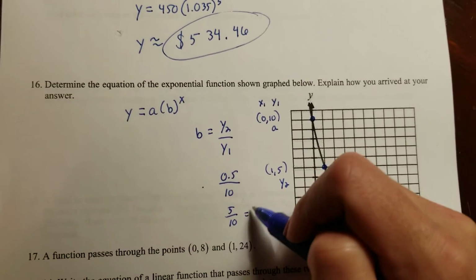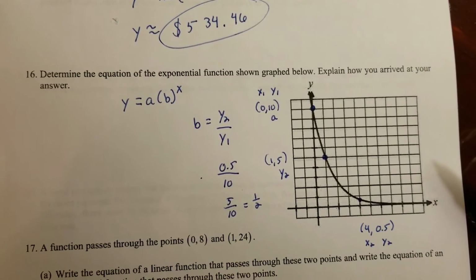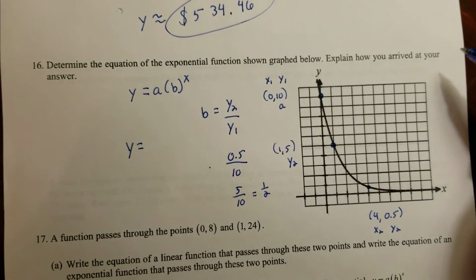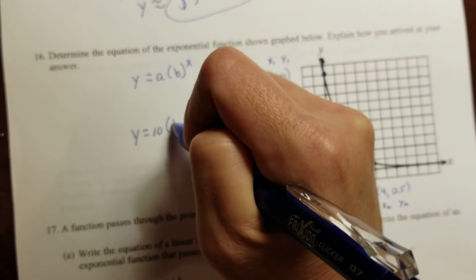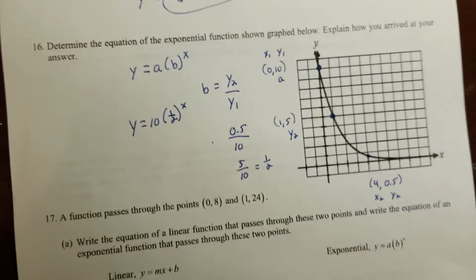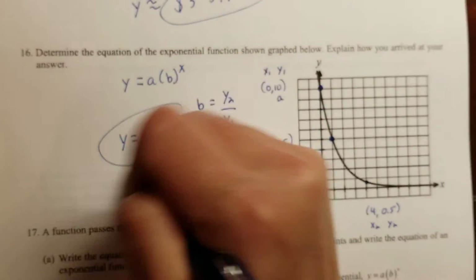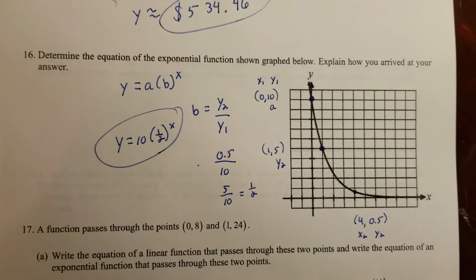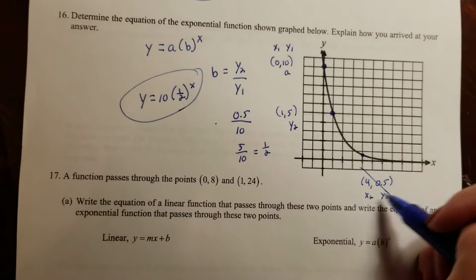And 5/10 obviously reduces down to 1/2. I like that one better, so I'm going to say y equals, my starting point is 10 times 1/2 to the x power. So that gives us a better estimation of what the graph is. So I wouldn't use that point at all.